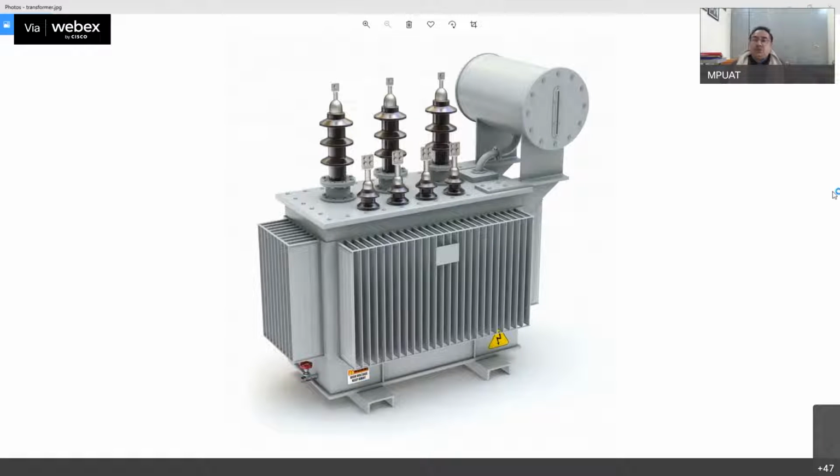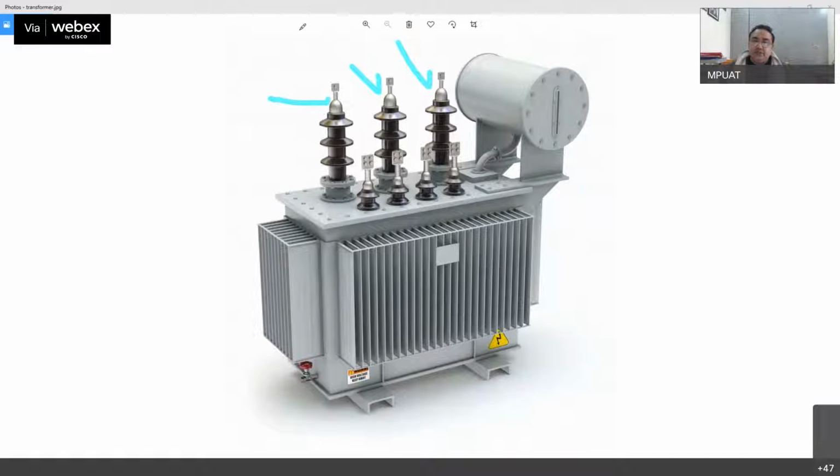No, the output points are not 3. In fact, output points are 4 and input points are 3. Let me annotate. This is one input, this is the second input, and this is the third input. So the inputs are 3, and since big bushings are there, these are the high voltage ends.